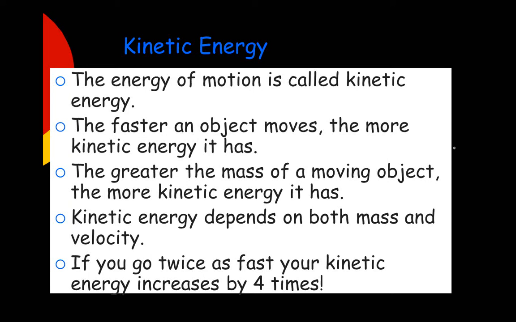Once again, the faster it moves, the more energy it has. Also, the greater the mass of that object, the more energy it has, because kinetic energy depends on both mass and velocity. If you go twice as fast, your kinetic energy increases by 4 times.